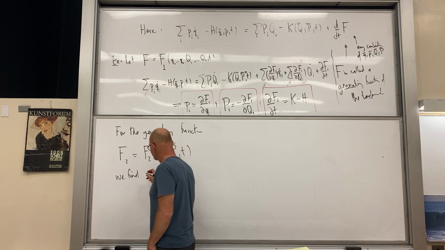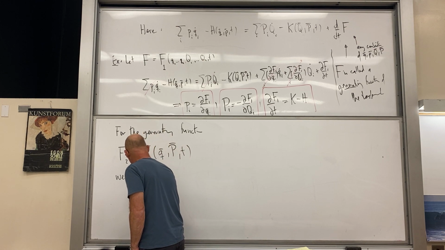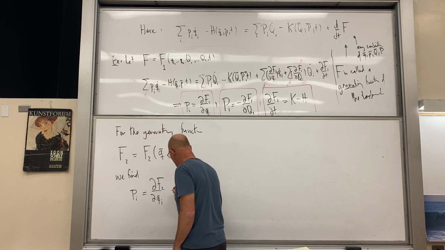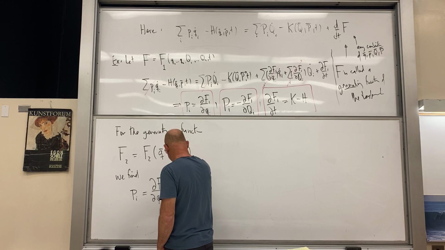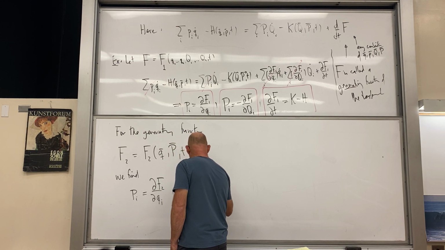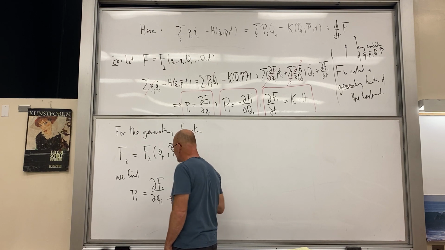We get p sub i, the old, is equal to ∂F2/∂q sub i, and Q sub i is ∂F2/∂P sub i.